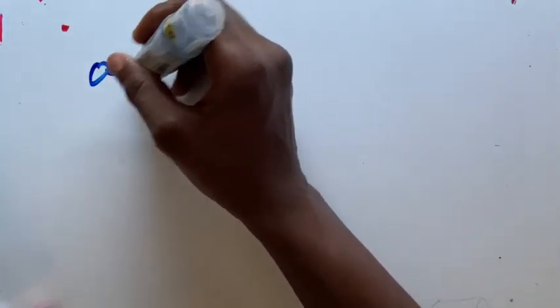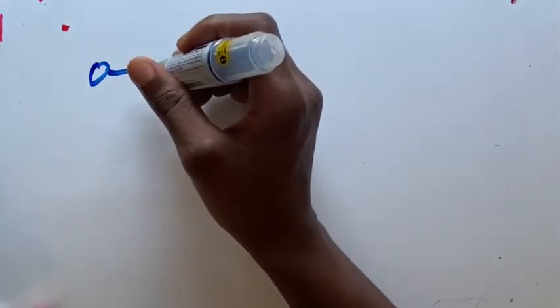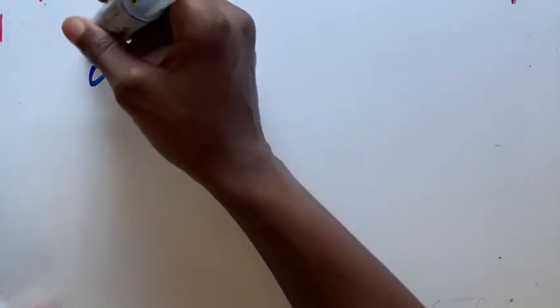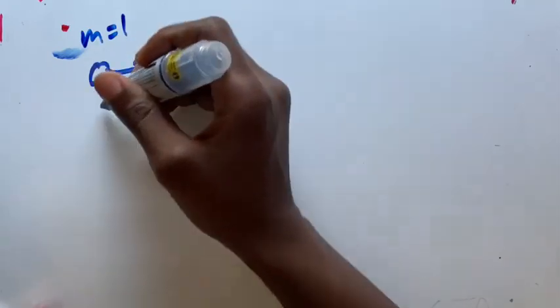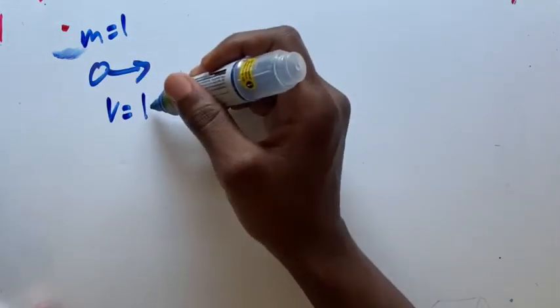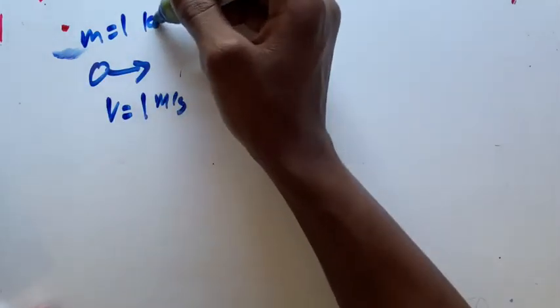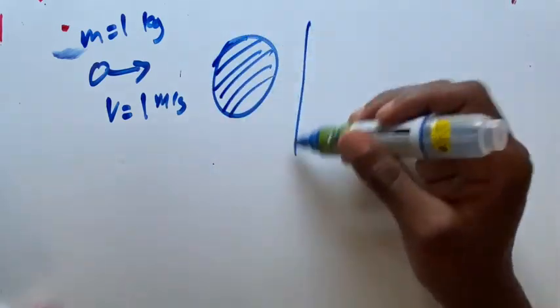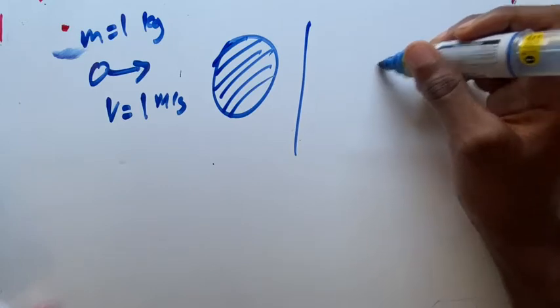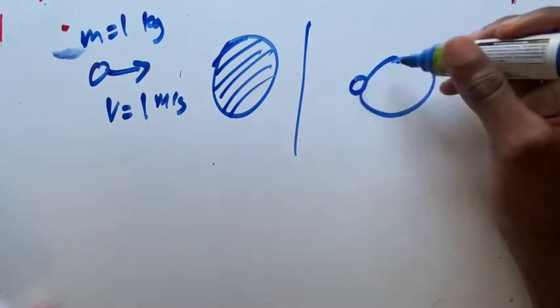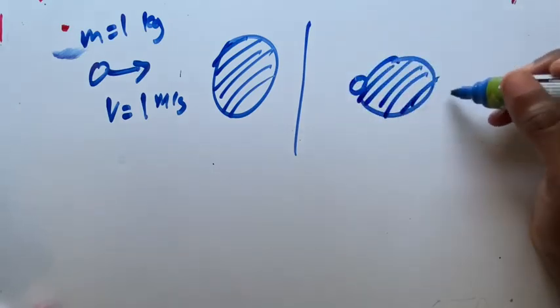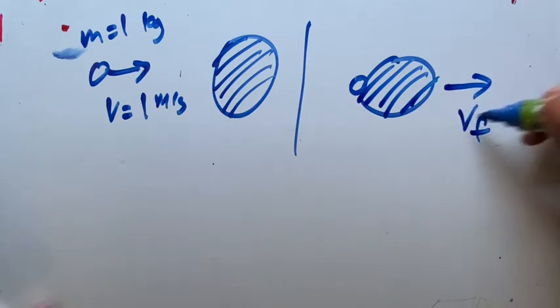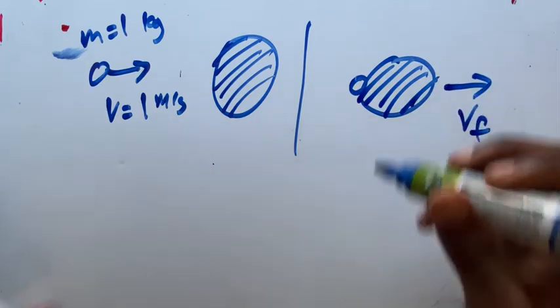So we have putty here, it's moving with some velocity, mass equals 1, and its velocity equals 1. That's the bowling ball. They collide, stick together. So now we have the bowling ball with the putty stuck to it, and now they're going to move at some final velocity that way.